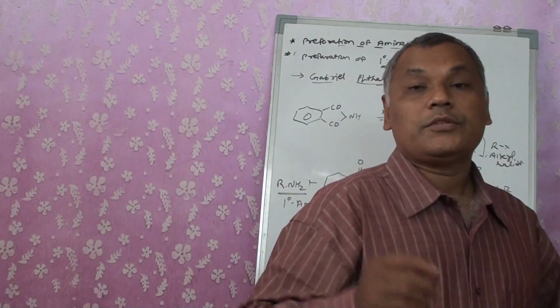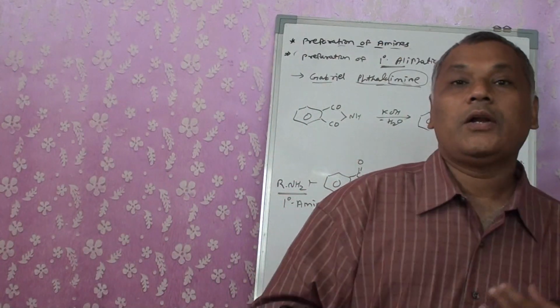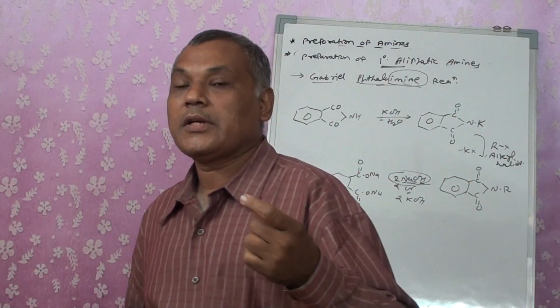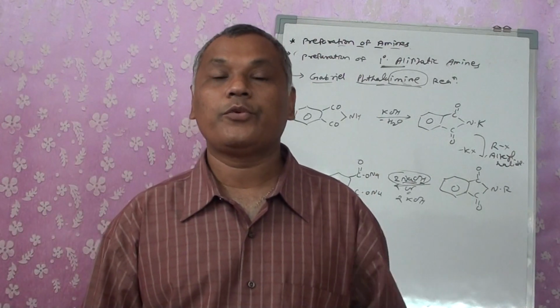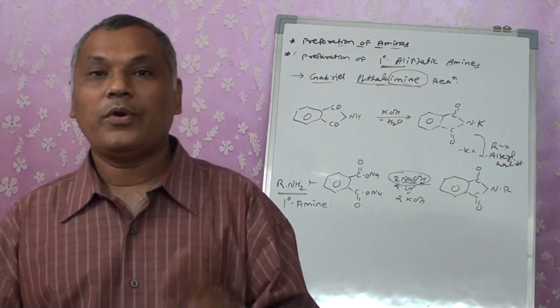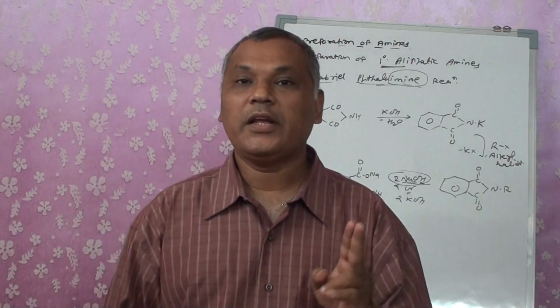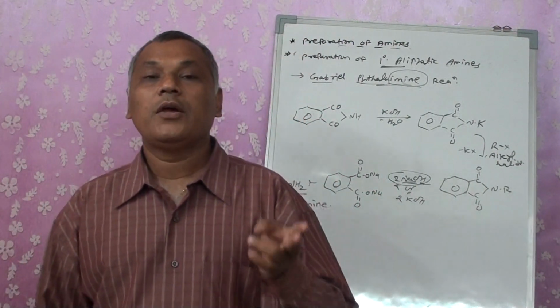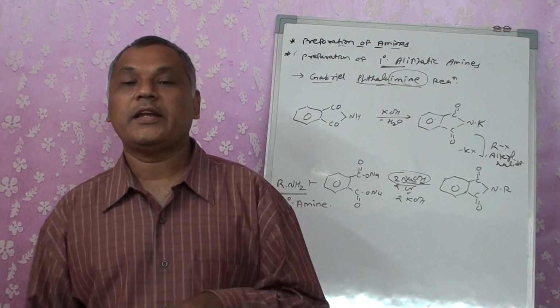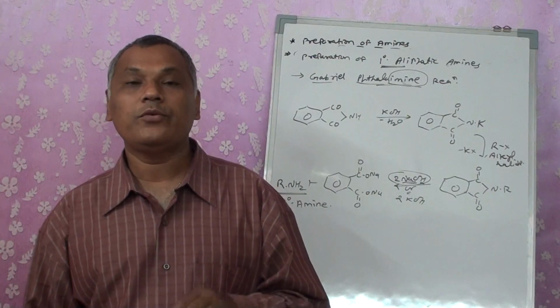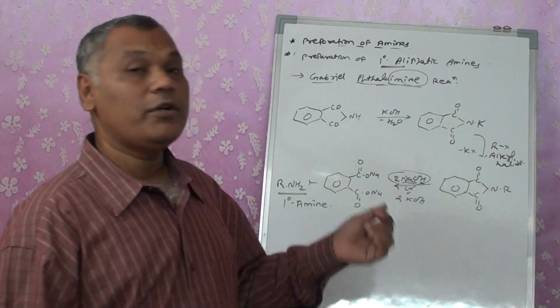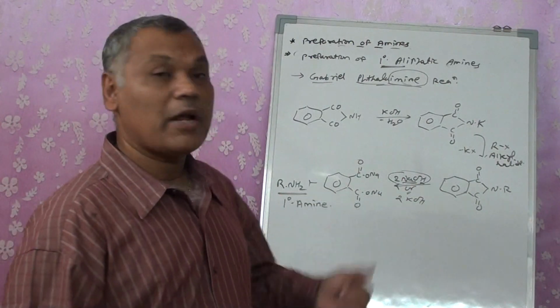So see, while preparing amines, wherever required, I told you which compound will produce only aliphatic, only aromatic, both aliphatic and aromatic as primary, aromatic and aliphatic as secondary, or only an aromatic compound. Here we saw only a primary amine.